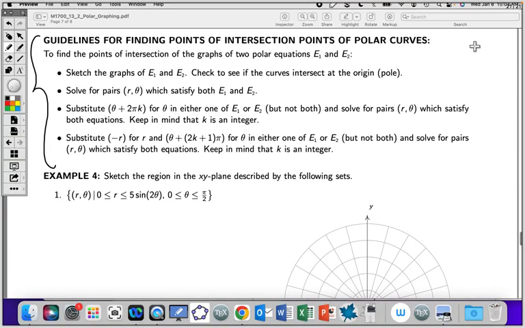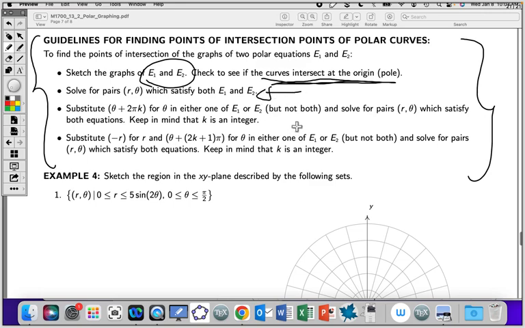So if you're trying to catch them all, trying to Pokemon this whole thing, you want to sketch the graphs. All right, check to see if they intersect at the origin, because that could be a point that you could miss. Then set the r's equal to each other. Keep the r's the same, but replace the thetas with coterminal angles.